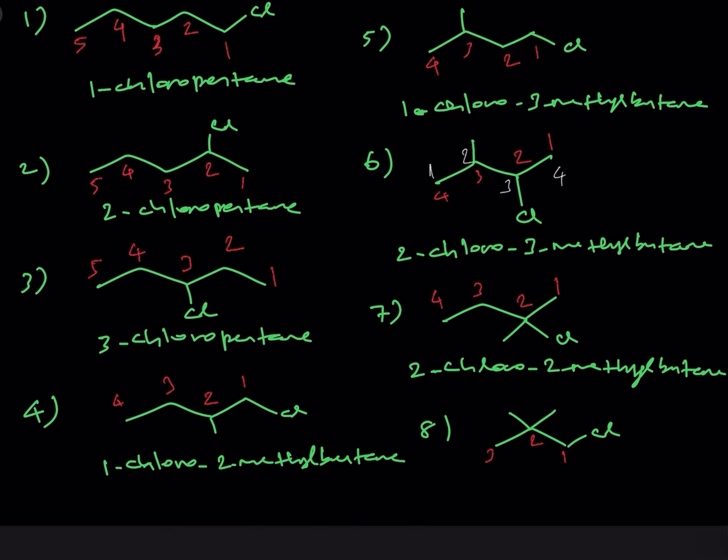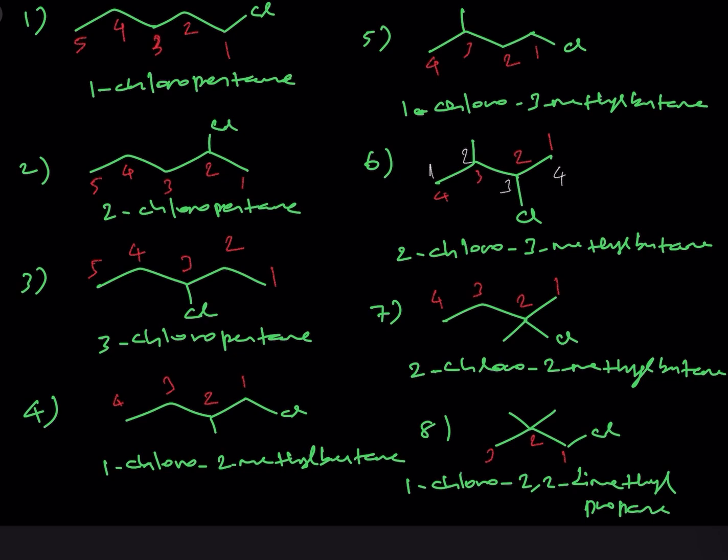So we have 1-chloro-2,2-dimethylpropane. Okay, so these are the 8 isomers that are possible for C5H11Cl. Now let's see how the isomerism works out among these 8 isomers.